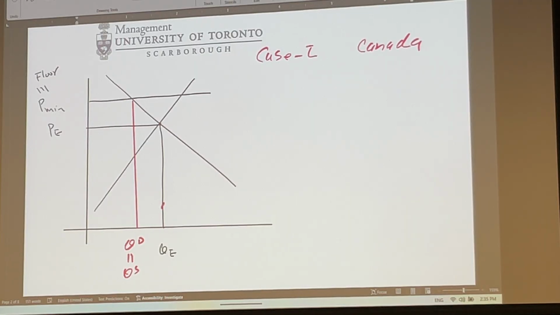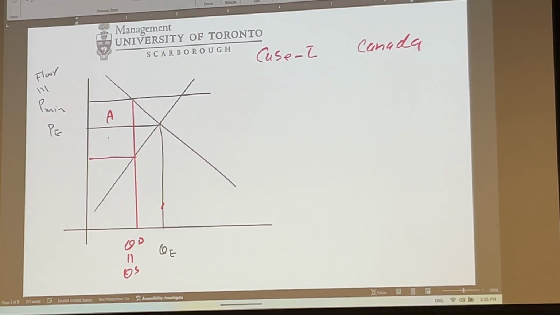I'm going to look at the other case. Let's see what happened here. In this case, the consumer surplus before was this. That's before. Now it becomes this. So the consumer is going to lose.